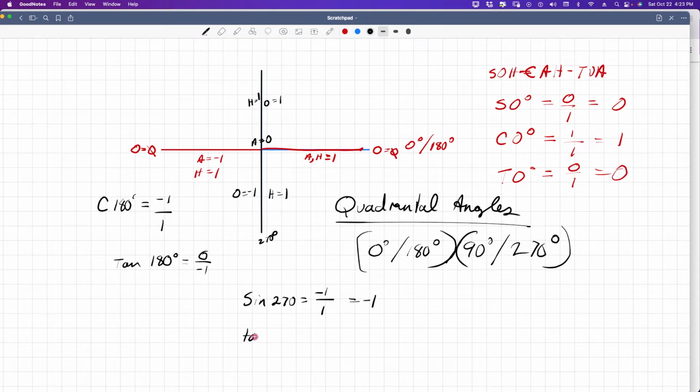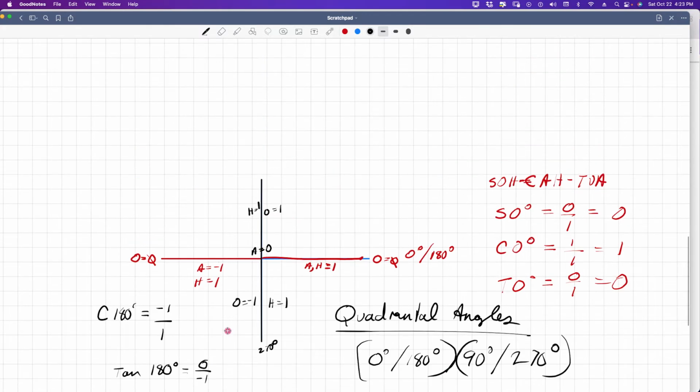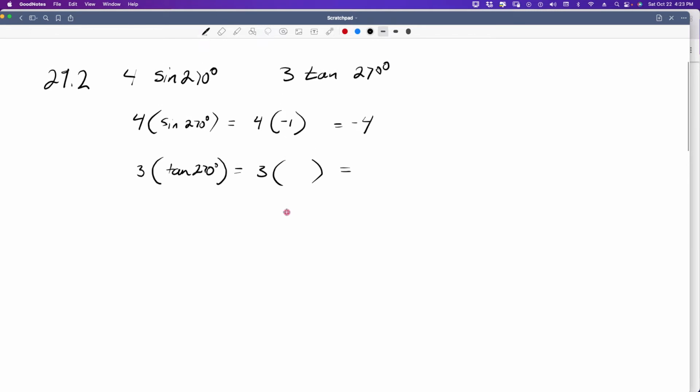So the tan of 270 is going to equal the opposite, -1, over 0. Oh, well, if it's over 0, guess what? That's undefined. Right? So we can't solve this one. If this is undefined, then the answer is undefined. We cannot solve for 3 times the tan of 270.